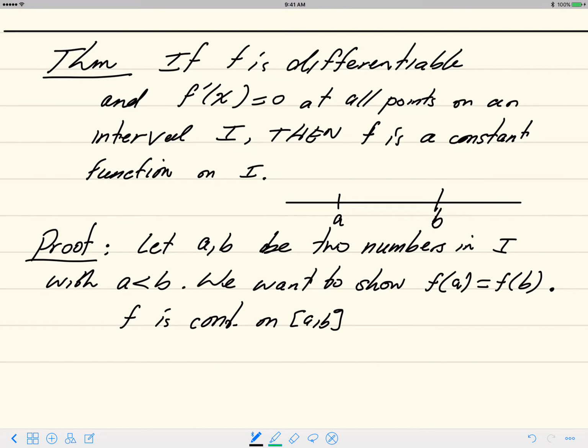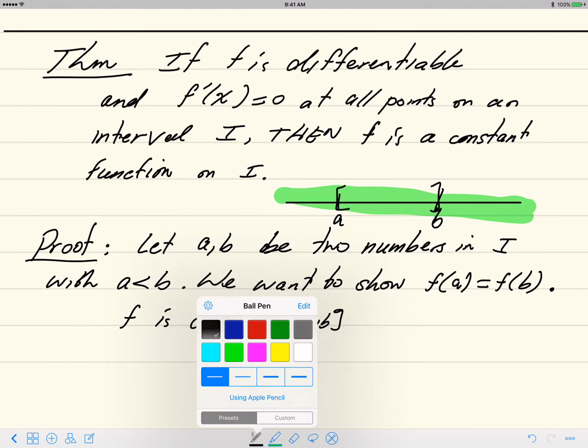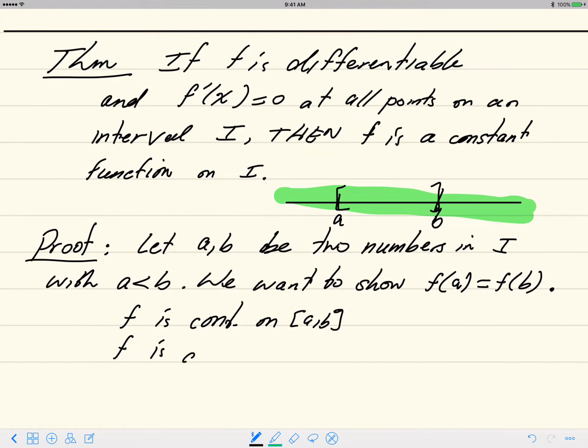Since it's differentiable throughout the interval, then it's continuous throughout the interval. So in particular, it's continuous on the closed interval [a, b], and of course f is differentiable on the open interval. So these are the two conditions for the mean value theorem.